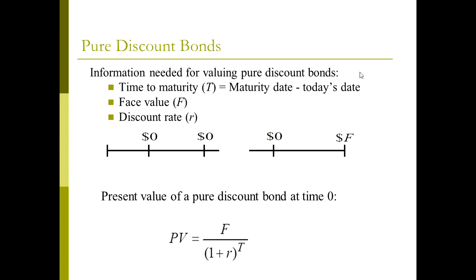So the pure discount bond means there are no coupon payments in between. The only cash flow is the face value payback at the end of the maturity. So the price, or the present value, of the pure discount bond will just be the discounted value of the face value, which is F divided by 1 plus the discount rate to the power of T periods.